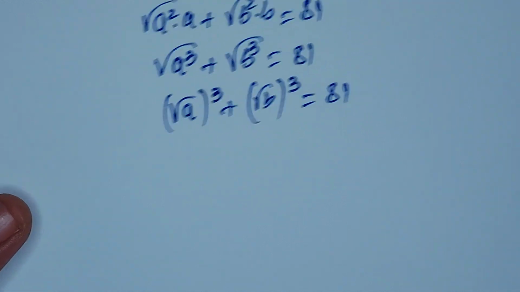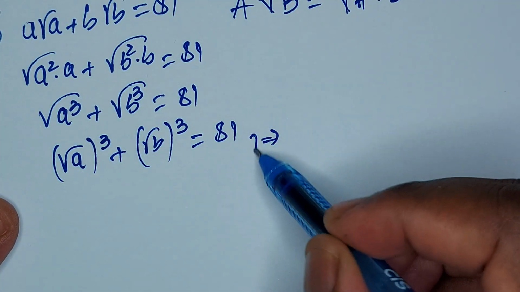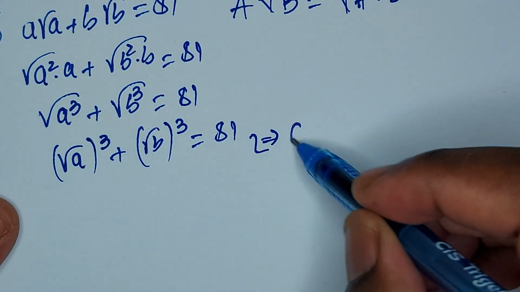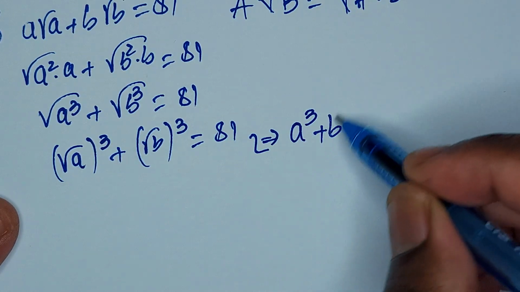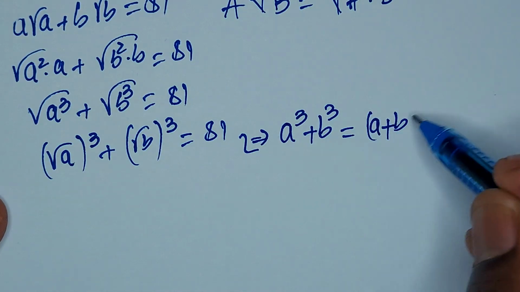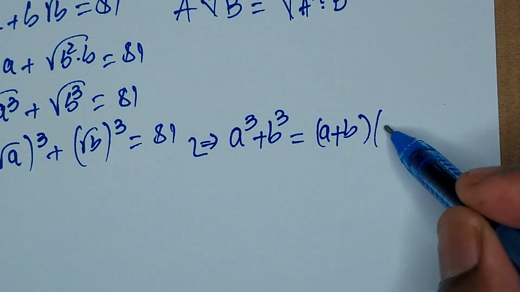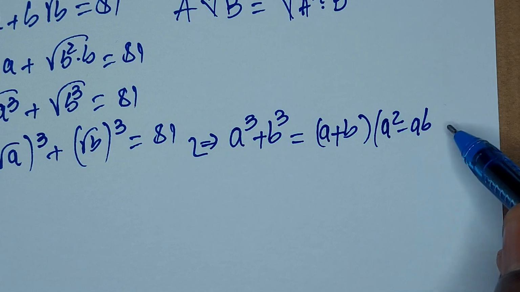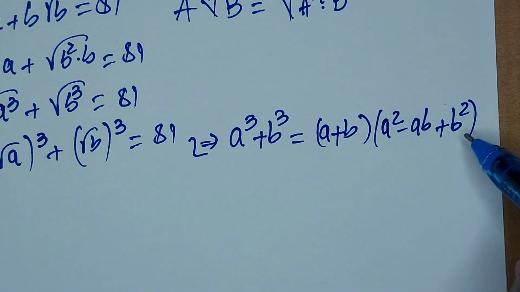Now from here, remember that if we have a to the power of 3 plus b to the power 3, we can write this as a plus b, which multiplies a squared minus ab plus b squared.